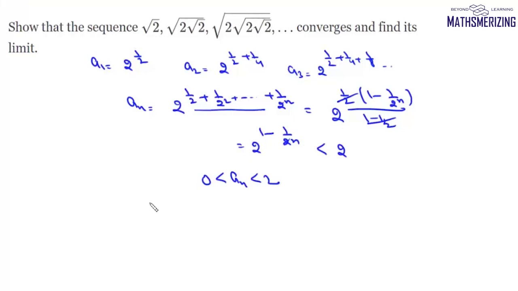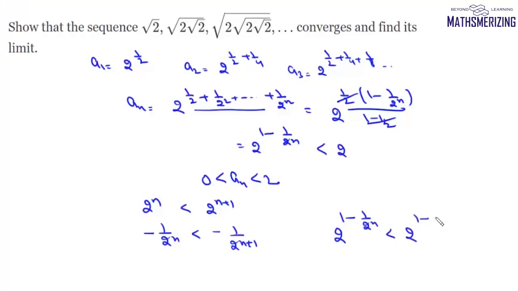Now we know that 2 to the power n is less than 2 to the power of n plus 1. Minus 1 upon 2 to the power n will be less than minus 1 upon 2 to the power of n plus 1, and we can write 2 to the power of 1 minus 1 upon 2 to the power n will be less than 2 to the power 1 minus 1 upon 2 to the power of n plus 1.